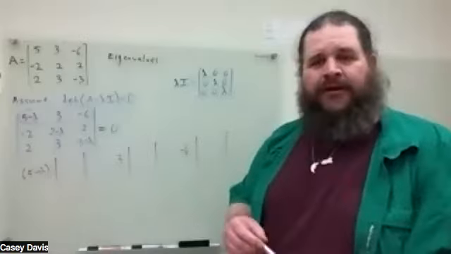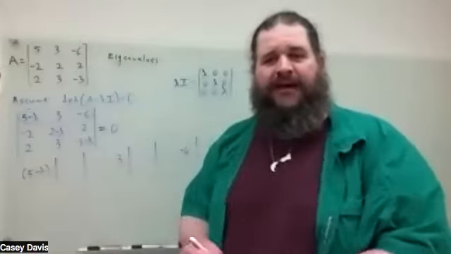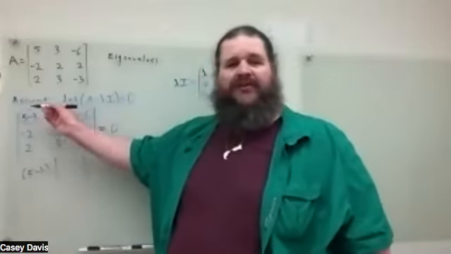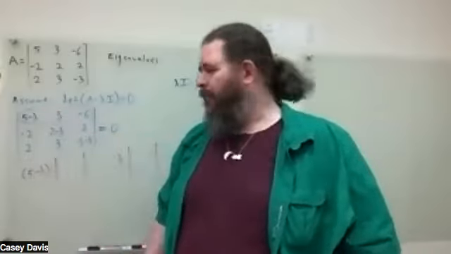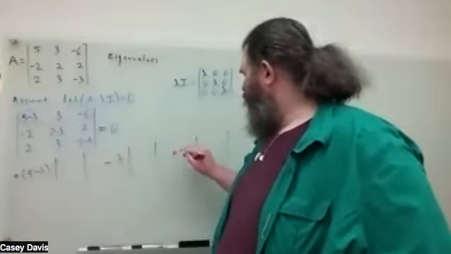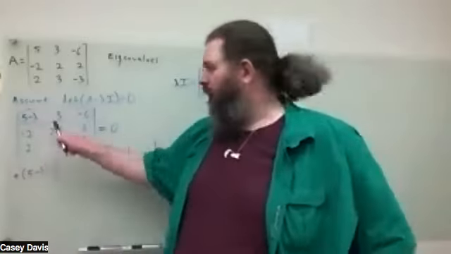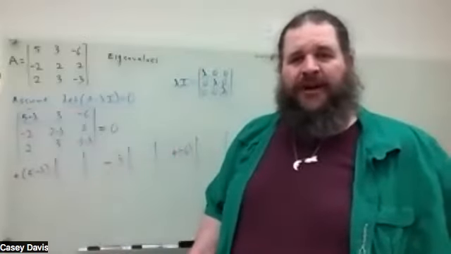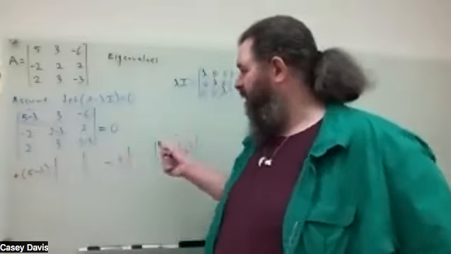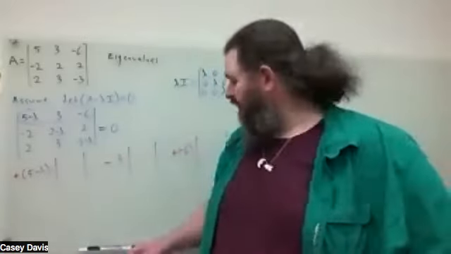But we're also going to be alternating plus and minus. Typically, if you're dealing with an odd numbered row or column, like in this case, this is the first row, so that's an odd numbered row, you start with plus. If we were dealing with an even numbered row or column, like the second row or the second column, or in a larger matrix, maybe the fourth column, you'd start with minus and then alternate minus, plus, minus, plus. But for an odd numbered row or column, start with plus and then alternate.